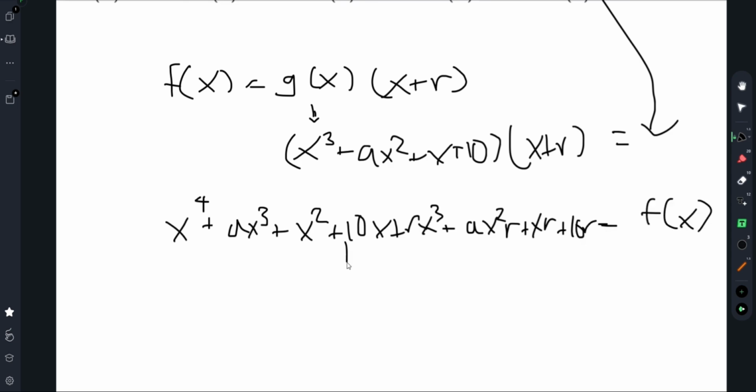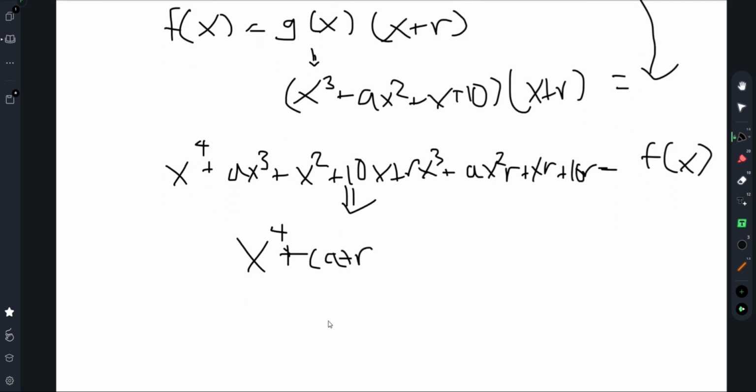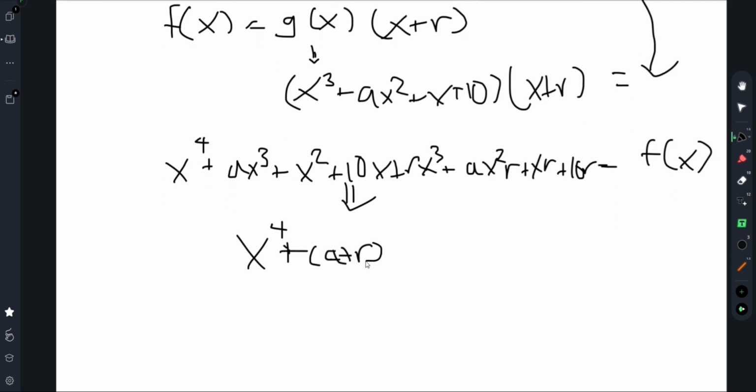So simplifying this, we get x to the 4th plus a plus r times x cubed plus 1 plus ar times x squared plus 10 plus r times x plus 10r.